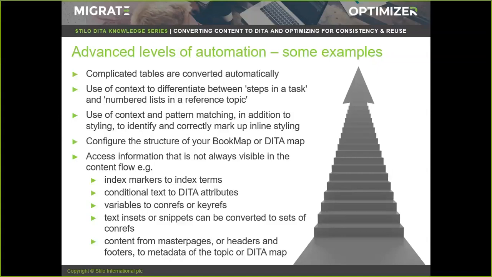If you have conditional text, we can automatically map that to the appropriate DITA profiling attributes. Variables or other identifiable pieces of repeatable text, we can automatically convert to conrefs or keyrefs. Text insets or snippets, we would convert to sets of conrefs because they wouldn't necessarily be just a single element themselves.